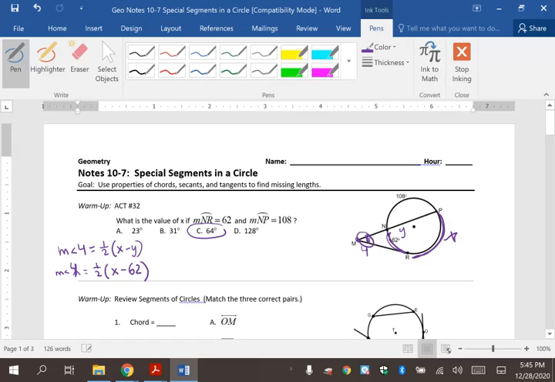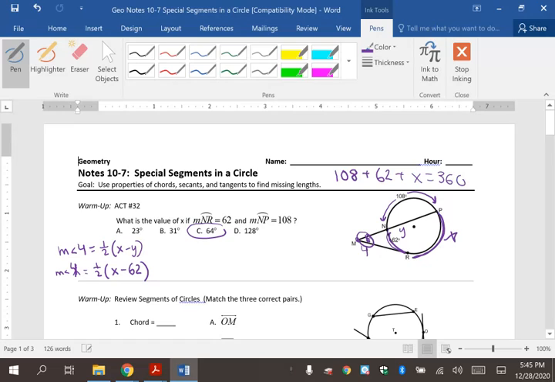Now, it appears we don't have enough information, but they do tell us that this arc in P is 108. We know that all the arcs around a circle add up to 360. So 108 plus 62 plus that x equals 360.